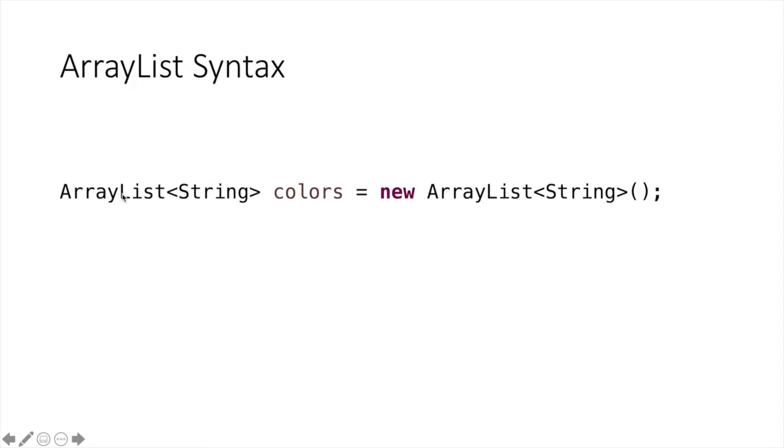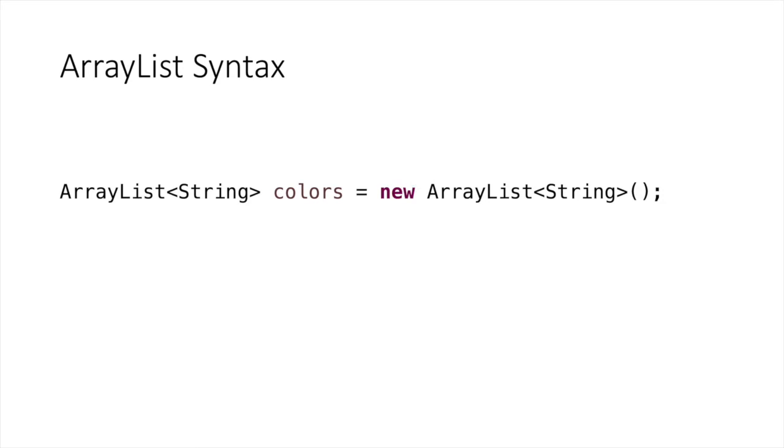So class name, object name equals new class name, and open and close parentheses. So we can use the same syntax that we're used to for creating Scanner objects or Random objects or any other objects that we've created. And now we're just going to add in these carets the type that the collection is right after the class name.